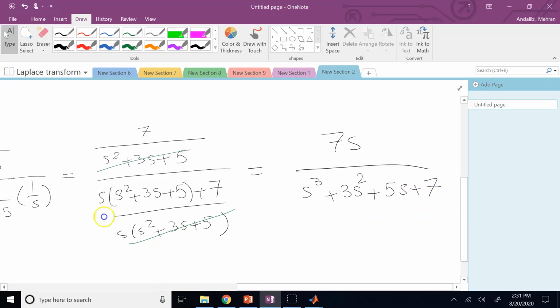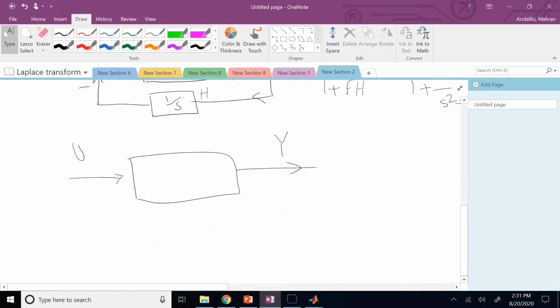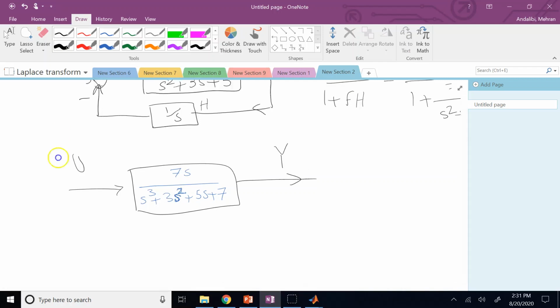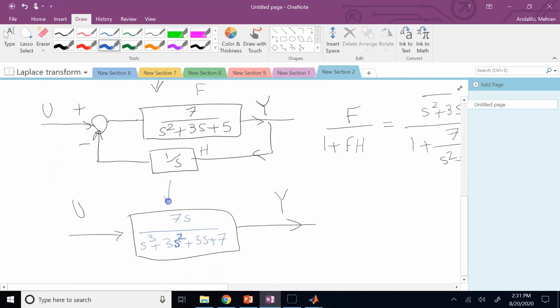So that is the simplest form you can get. That is how you simplify it, step by step.